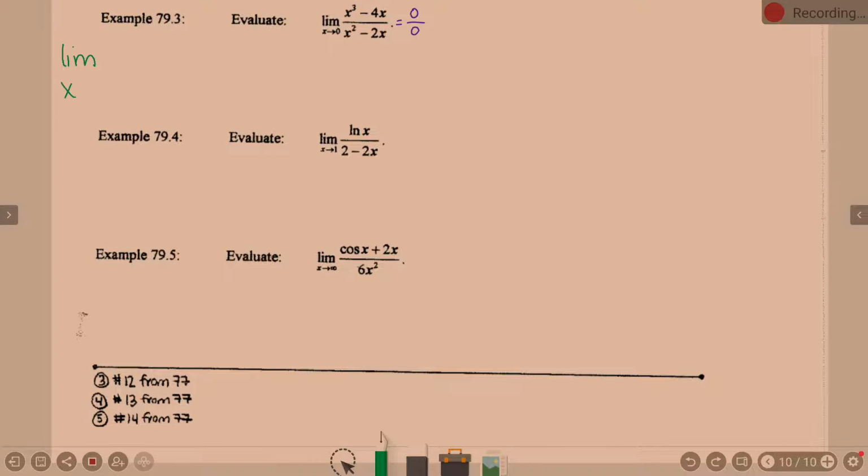So the limit as x approaches 0 of, you're going to do the derivative of x cubed minus 4x over the derivative of x squared minus 2x.